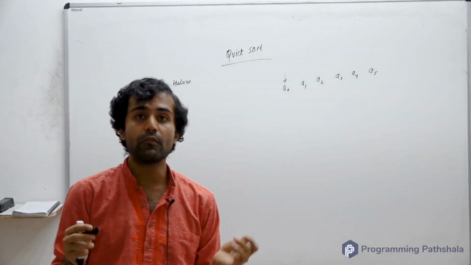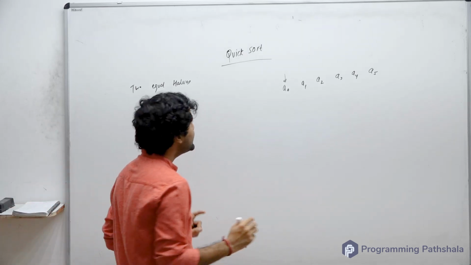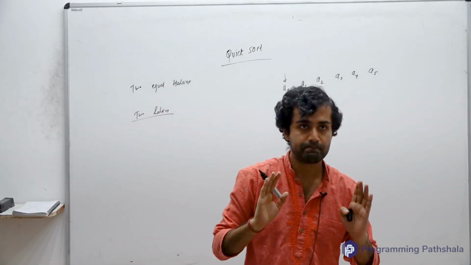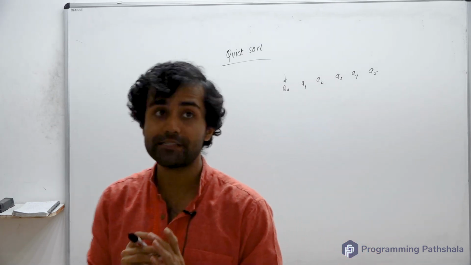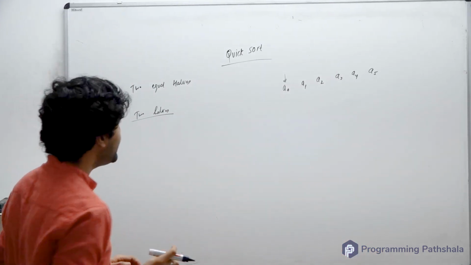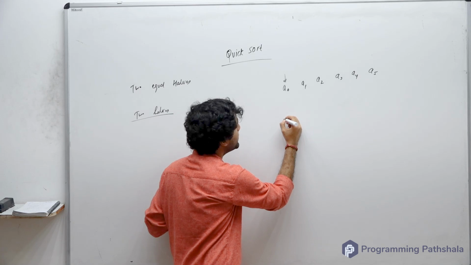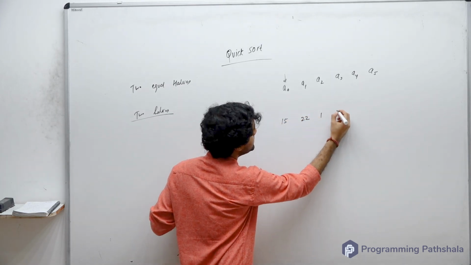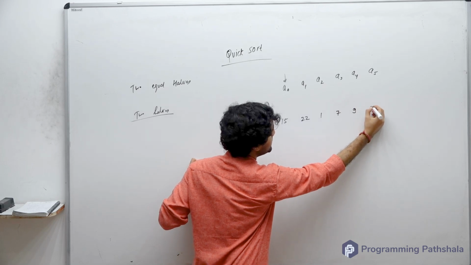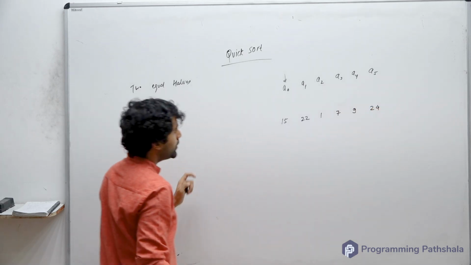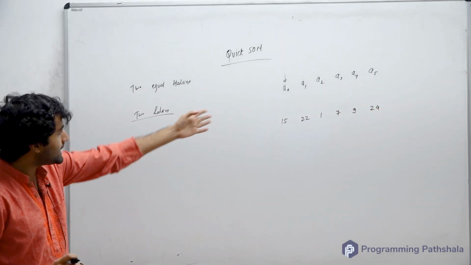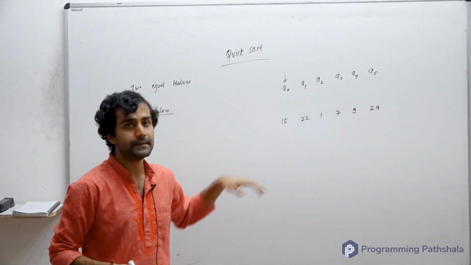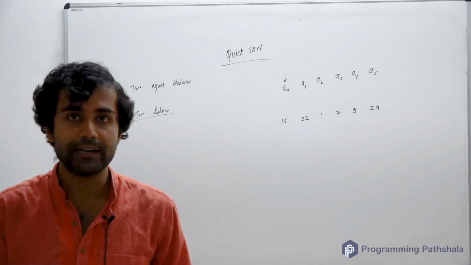Now what it does is it places this random element at its deserving location in the array. What I mean by that is, let's say I have elements like 15, 22, 1, 7, 9, 24. Can you tell me what will be the deserving position of 15 in the sorted array?